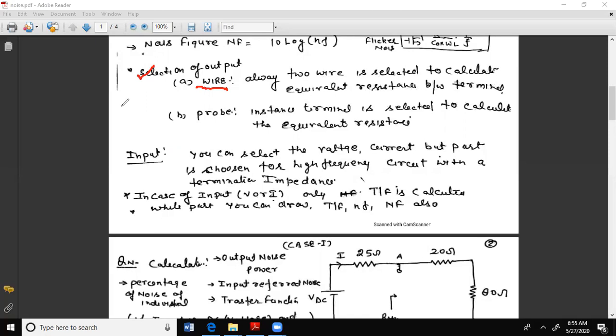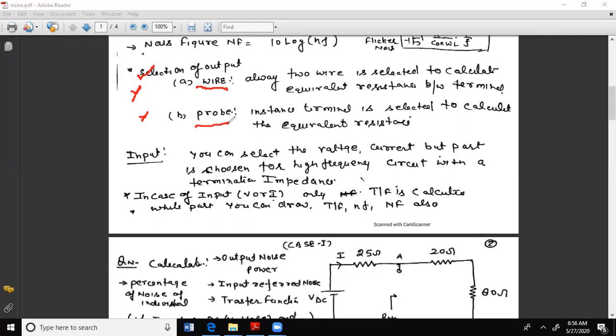When you click the wire, it has two pop-up windows. So when you click one, one wire is selected, and in the second, the second wire is selected, and the equivalent noise is always calculated between these two terminals. While in case of probe, a device is always selected.